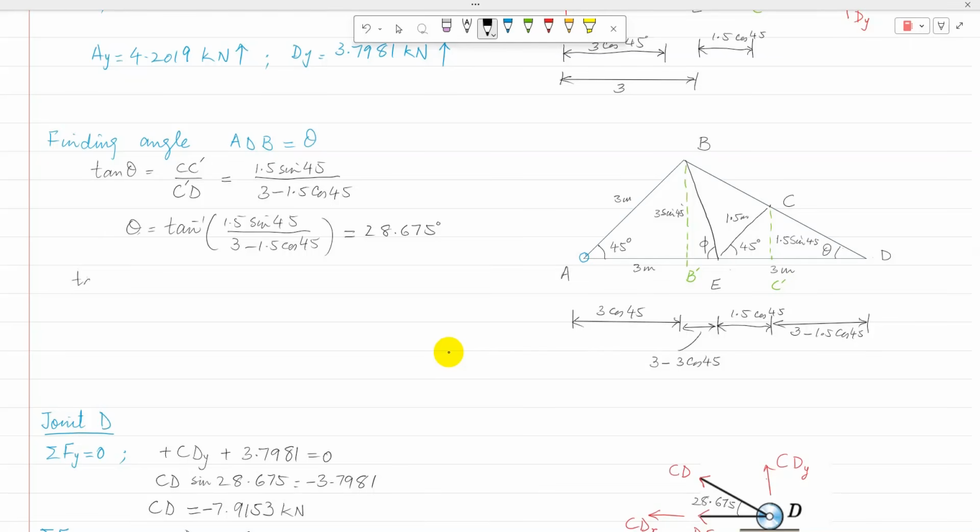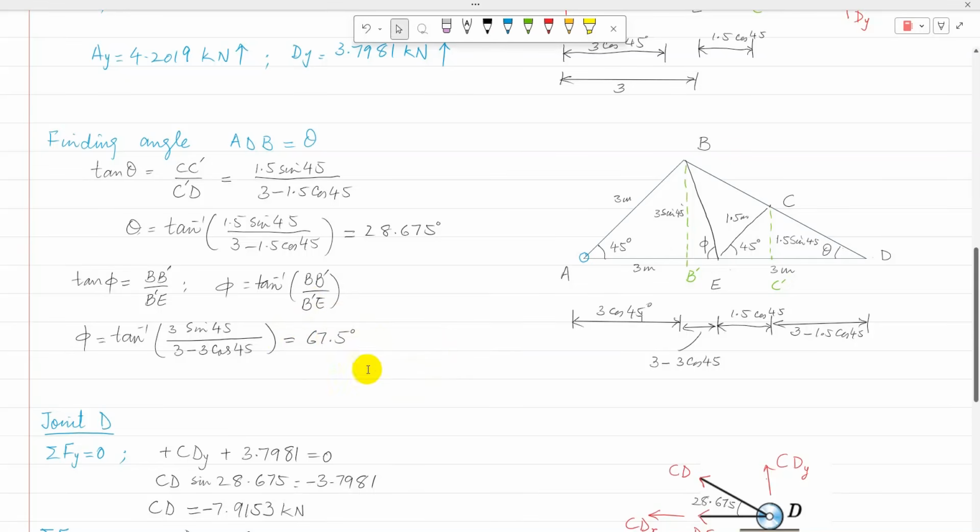So then again I can use here tan phi is equal to B dash over B dash E, or phi is equal to tan inverse of B dash over B dash E. After substituting the value of B dash as 3 sine 45 and B dash E as 3 minus 3 cosine 45, the angle phi is 67.5 degrees.